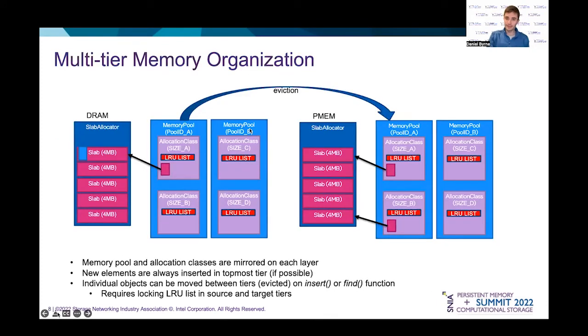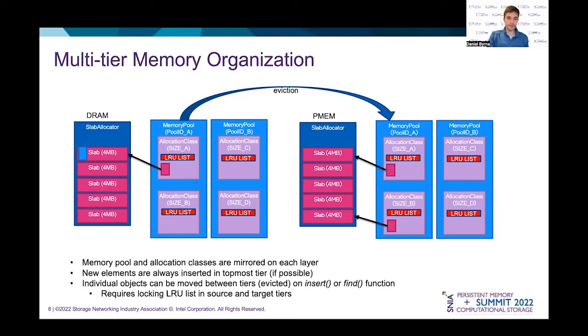Now, the multi-tier memory organization looks a lot like the single-tier DRAM instance. And this is actually the same architecture as before. It's just we've duplicated that DRAM memory organization to the pmem. We insert new items into DRAM, and the individual objects are moved between tiers on eviction.